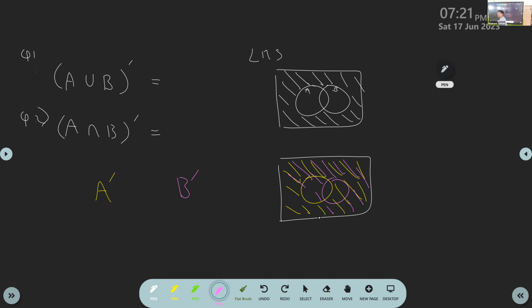So the only region which is shaded by both colors, you see which region is shaded by both colors? It is the region outside this part, which I want.